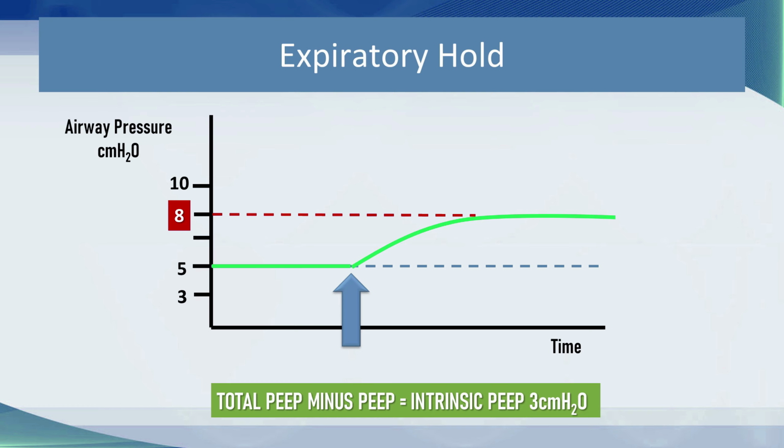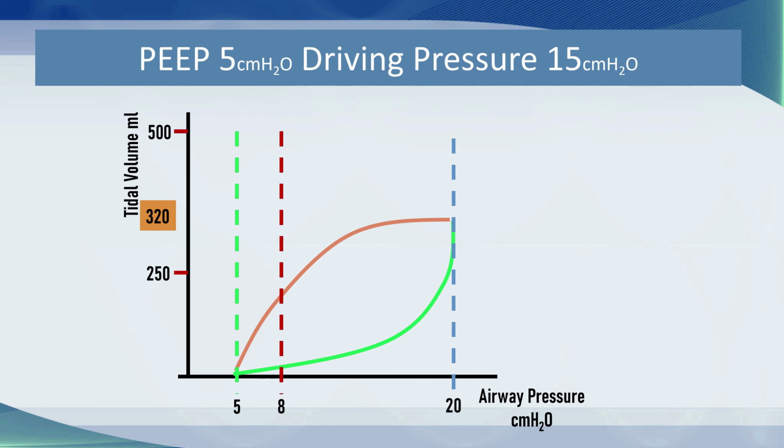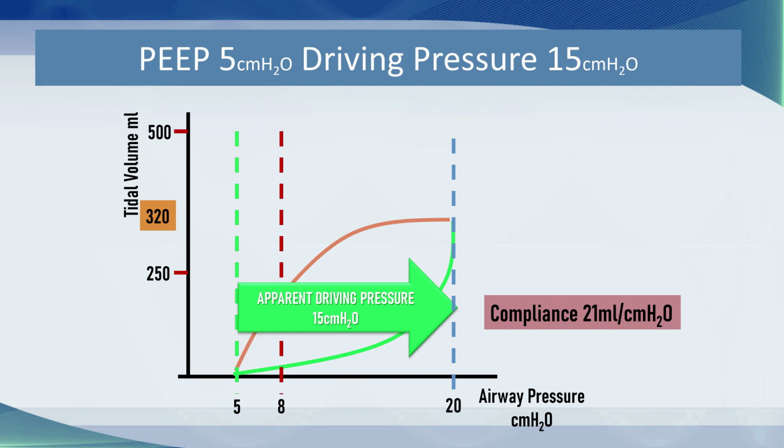Remember, we are using pressure-controlled ventilation. In this patient, we have dialed up 5 centimeters of water of PEEP, an inspiratory or driving pressure of 15 centimeters of water. The pressure limit that the ventilator will apply is thus 20 centimeters of water. The apparent driving pressure delivers a tidal volume of 320 mils with a compliance of 21 mils per centimeter of water.